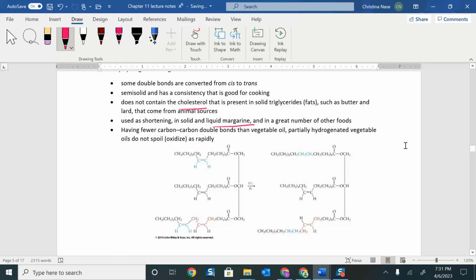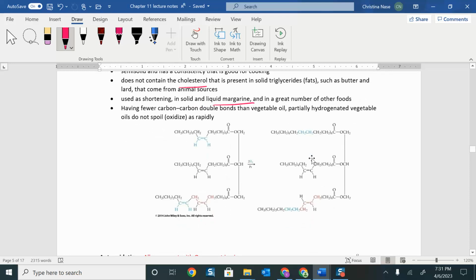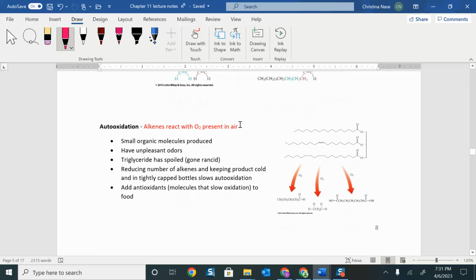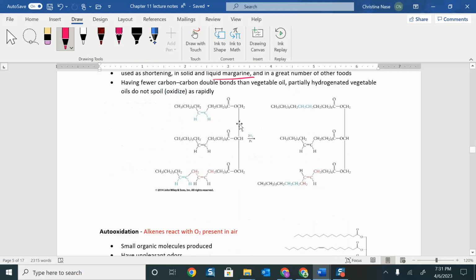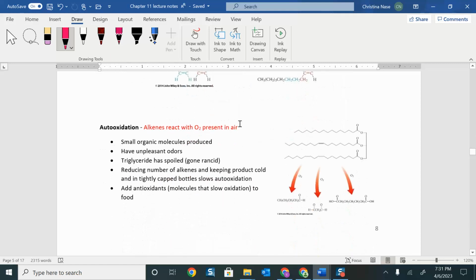If you don't have all these double bonds, it will minimize some of the auto-oxidation reactions. These can oxidize and break down, and that's how you get rancid butter. If you can minimize those double bonds and make them single bonds, then it'll last longer. It'll have a higher shelf life. That was one reaction, catalytic hydrogenation, which is a reduction reaction.